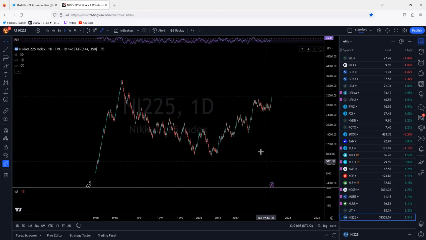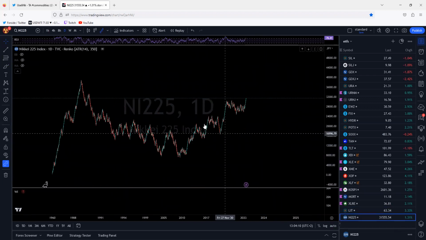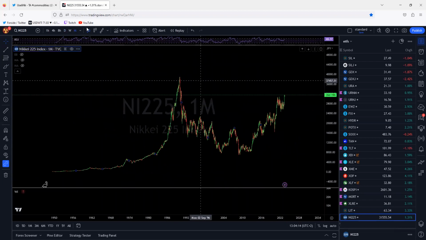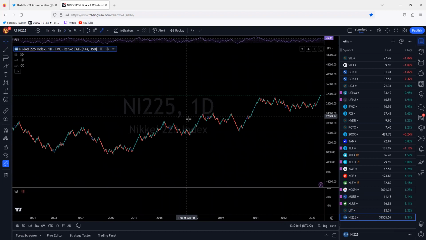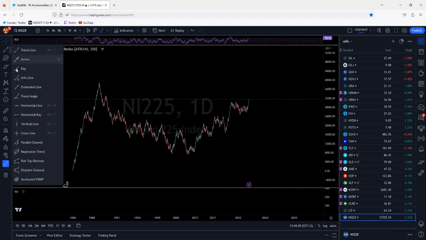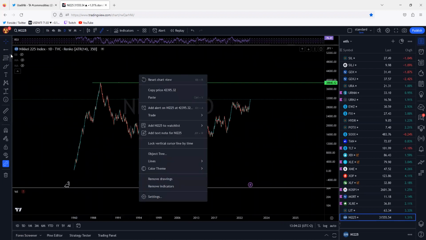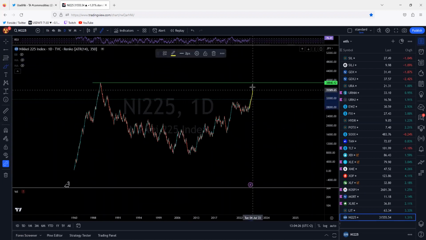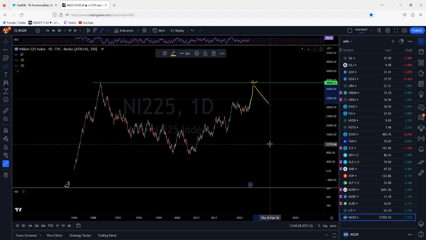I just want to show you here. This is the Nikkei. Maybe it's not that good, but anyways, you can see it here. No lines, but I think we are on the path for a tag of the all-time high. That's where we're going. We're going to a blow-off top here all the way up, and then we will come crashing down.